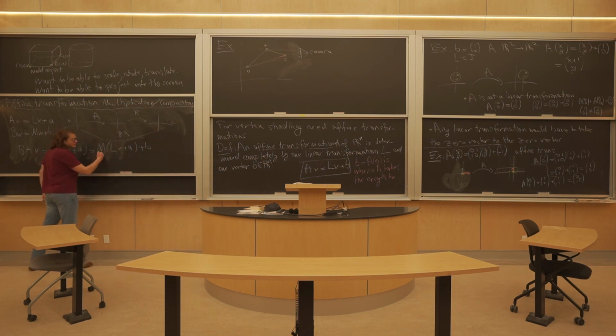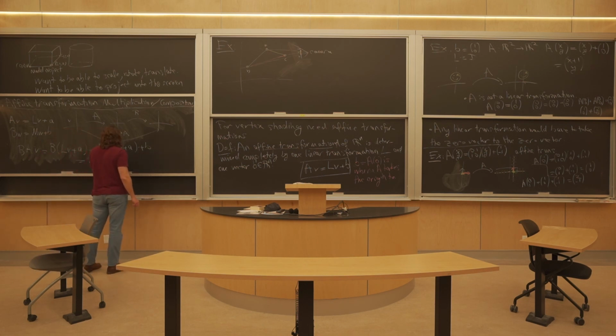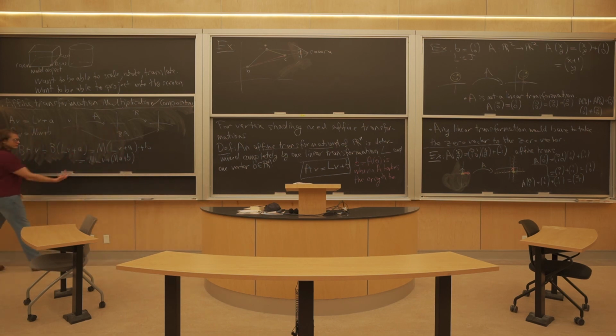You know that matrix multiplication distributes over addition. So this is like this, MLV plus MA plus B. So this is a linear transformation, right? This is just a matrix multiplication. And now here, I'm taking a vector, applying the matrix to it. So now this is again a vector, and adding another vector to it.